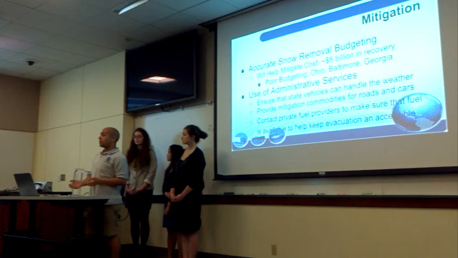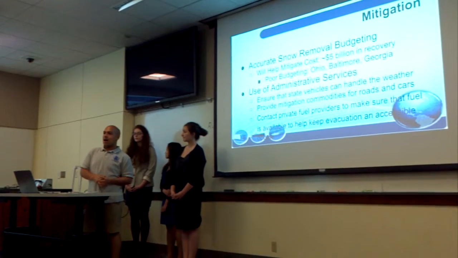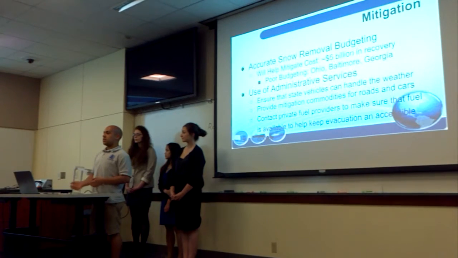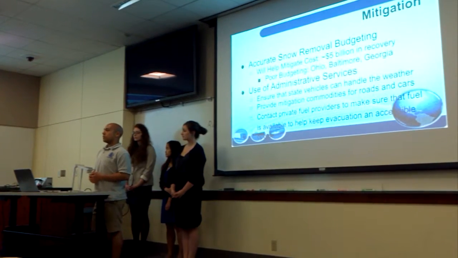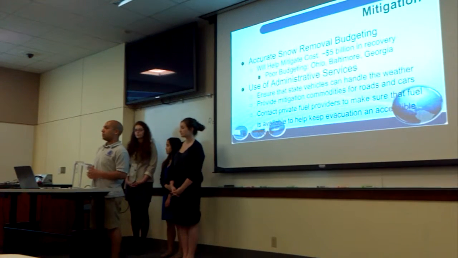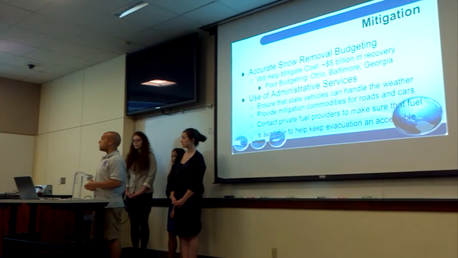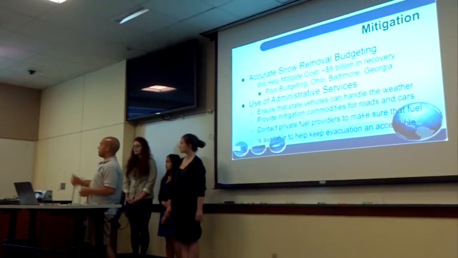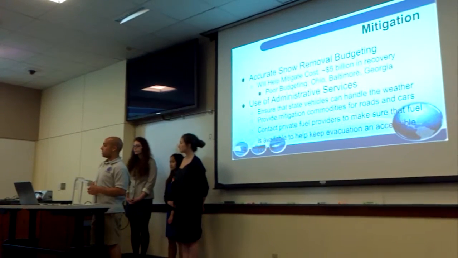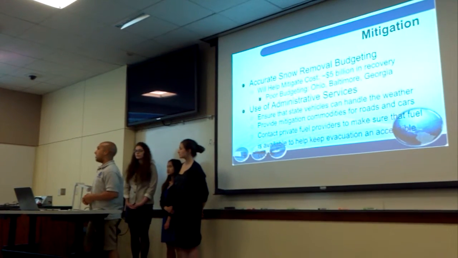If you do over 4 weeks, that's $134 million. Just little things like that, an increase in the budget, will actually help out a lot in the long run, where you aren't going to have to be working to cover some of the costs of damages that are caused by events like this. Also, the use of administrative services is also very important to think about in these events.